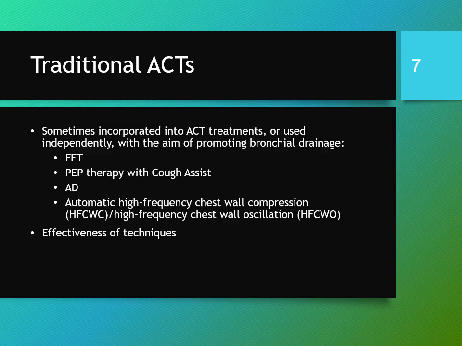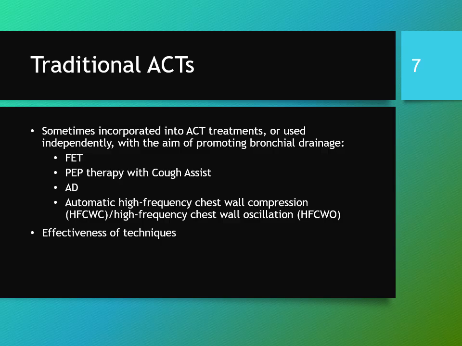This is widely used in Europe, and many parts of the United States are following suit. It's really important in treating CF and bronchiectasis, and to a lesser extent, pediatric post-op patients.